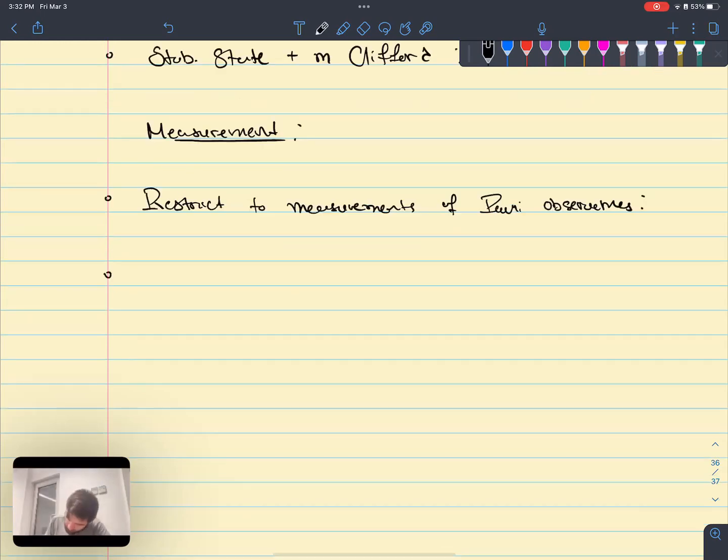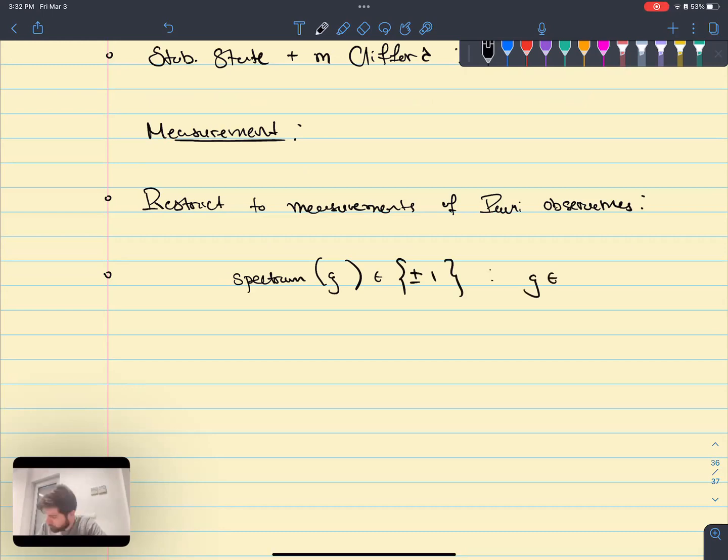So we know that they have eigenvalues, so the spectrum of some G, where that's a Pauli operator, is an element of plus or minus 1. Probably it has to not have phases, so without the phases or something.